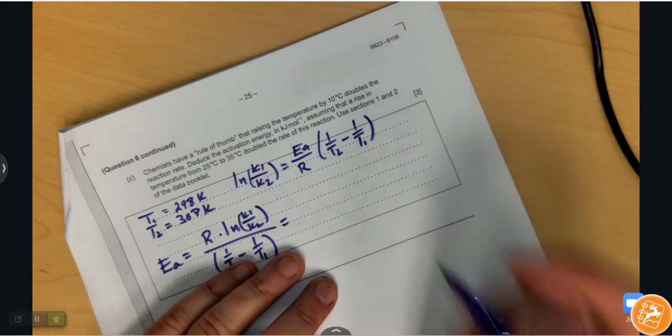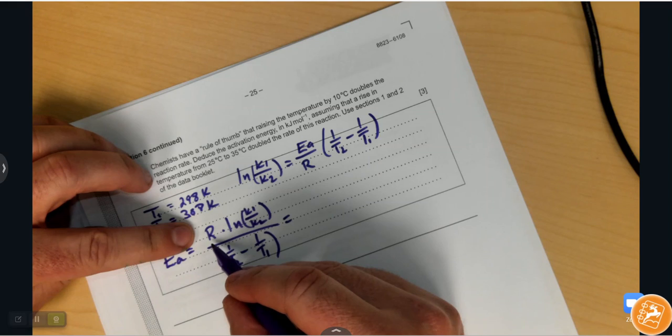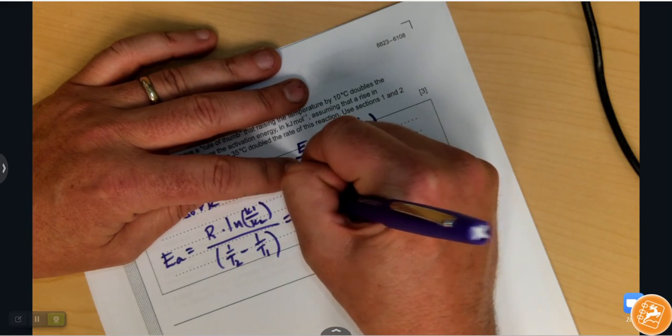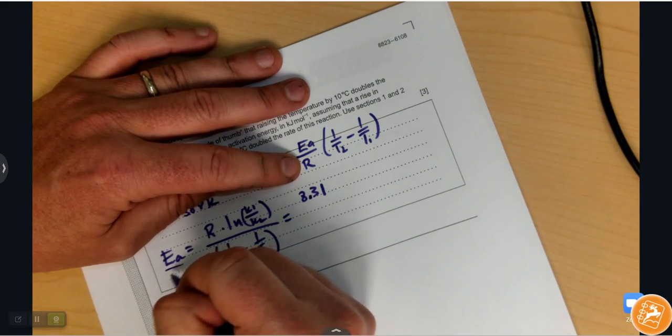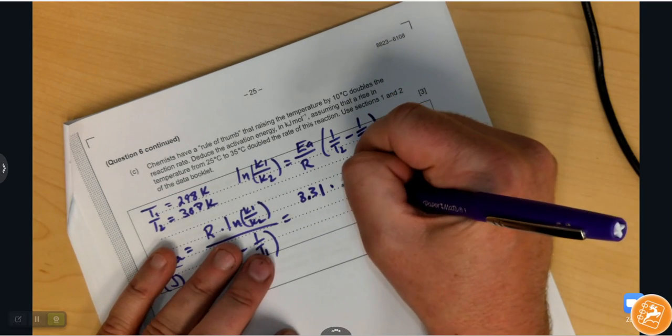So now let's go ahead and plug in the values. All right, so again, we've got to beware of our R. So R here is, I'll use the 8.31. That means when we calculate activation energy, it'll be in joules, times the natural log of K1 over K2.